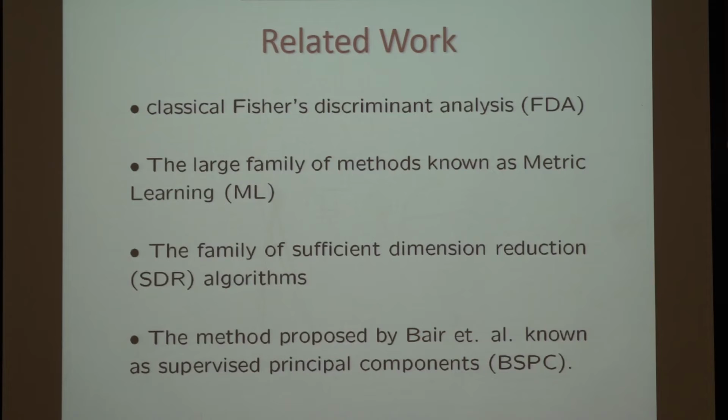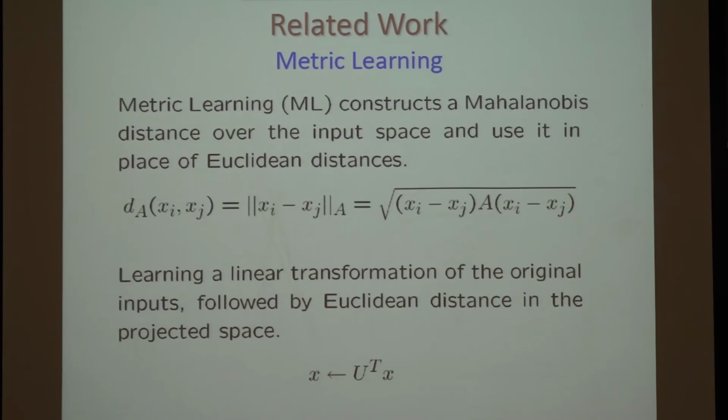And there is a class of techniques called sufficient dimensionality reduction algorithms. They also try to do the same thing. And there are some individual techniques, like the technique by Tibshirani and his group, that somehow try to do this.